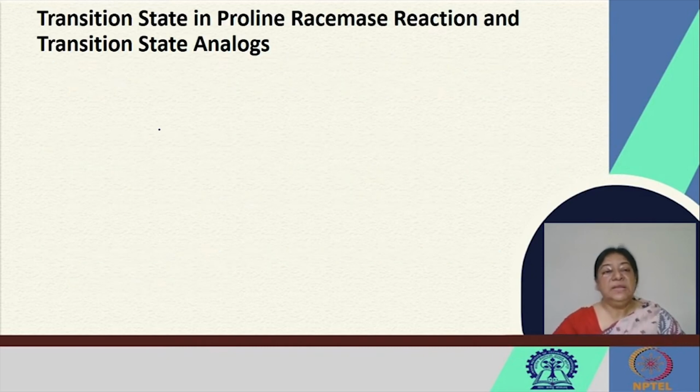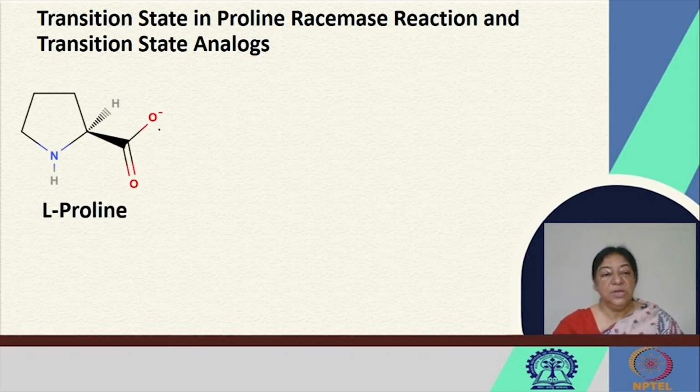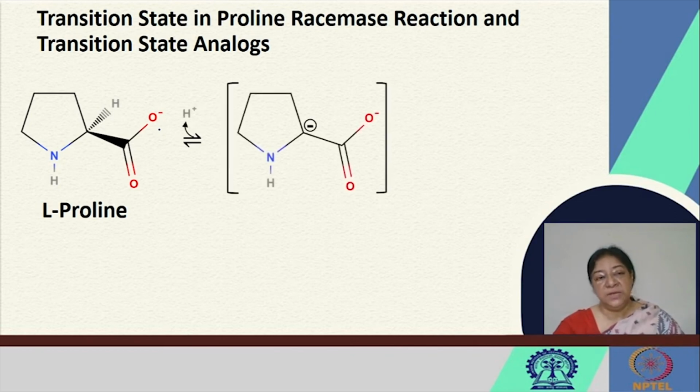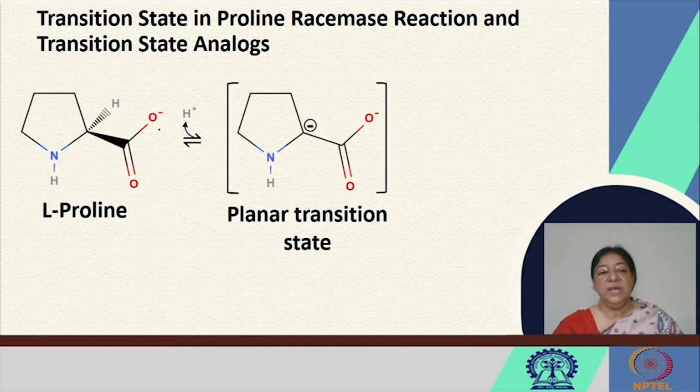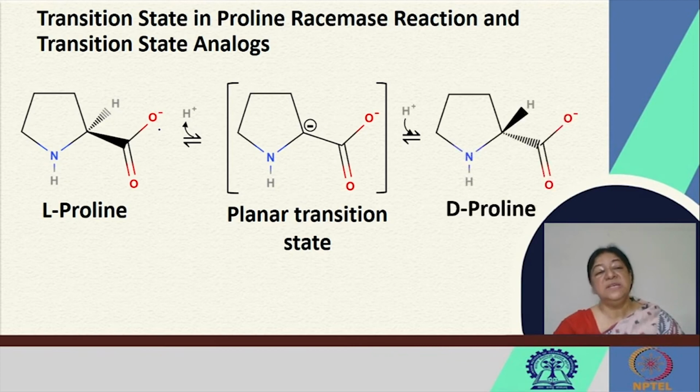So, for example, let us look at a transition state in a specific type of enzyme, the proline racemase reaction and its transition state analogs. This is L-proline, and we have the enzyme proline racemase, which means that there would be a specific intermediate, a transition state involved that is planar in nature, and this would give us D-proline.